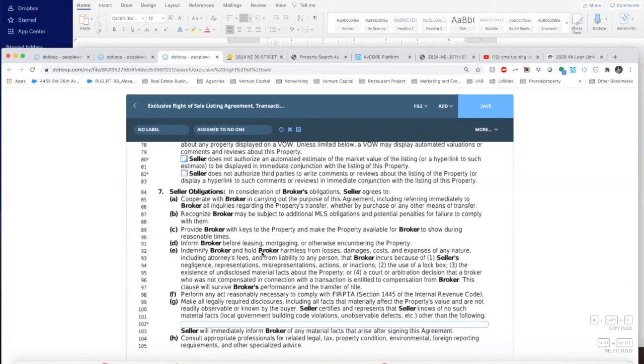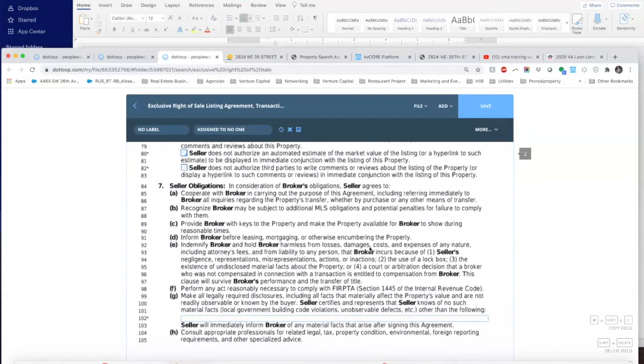Identify broker and hold broker harmless from losses, damages, costs, and expenses of any nature, including attorney fees, and from liability to any person that broker incurs because of the seller's negligence, representations, misrepresentations, actions or inactions, the use of lockboxes, the existence of undisclosed material facts.